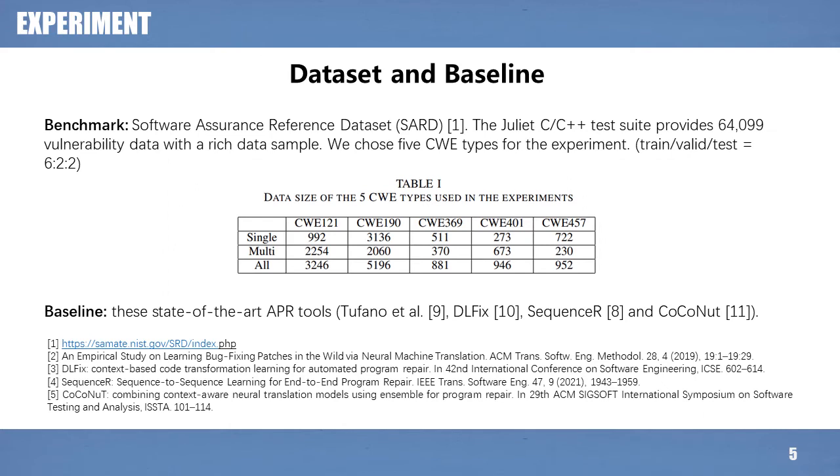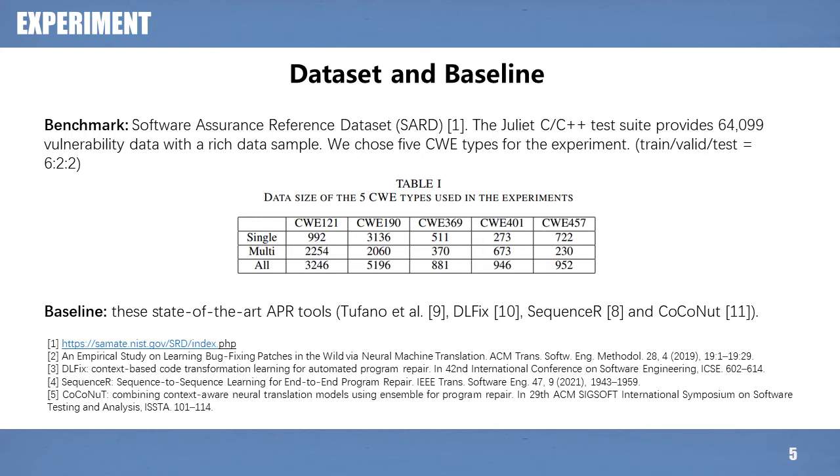For the benchmark dataset, the Software Assurance Reference Dataset is a suitable choice that satisfies our requirements above. It provides researchers with a set of test cases for testing and evaluating their tools and methods, and gives simple vulnerabilities for a variety of programming languages.